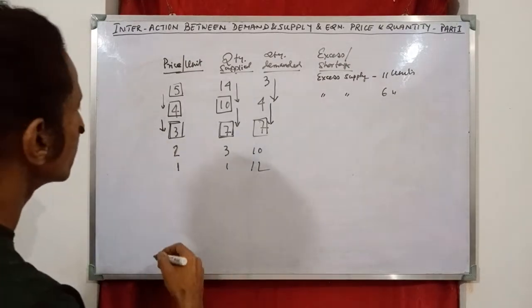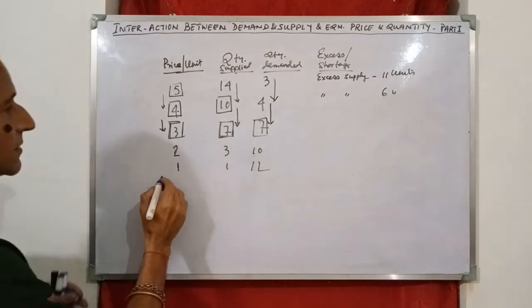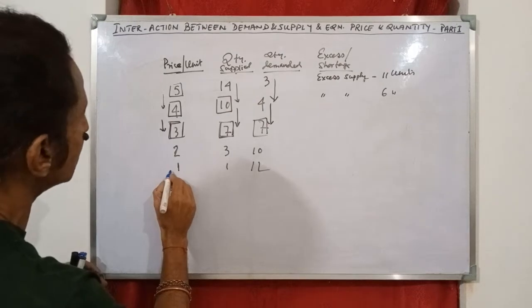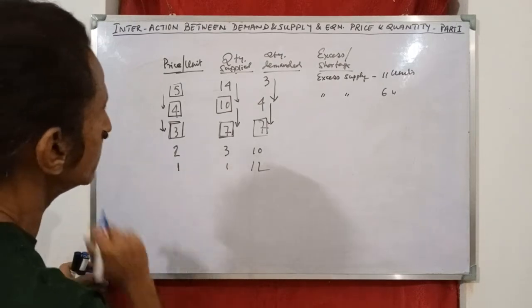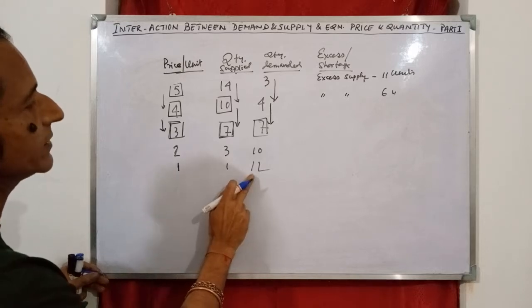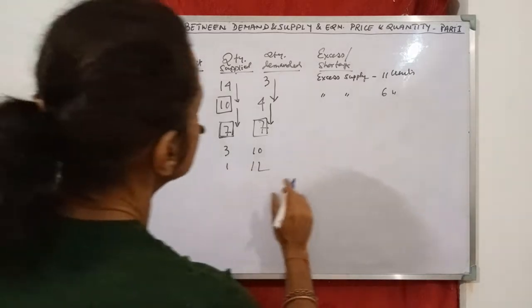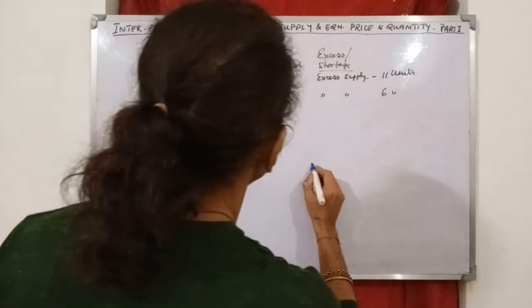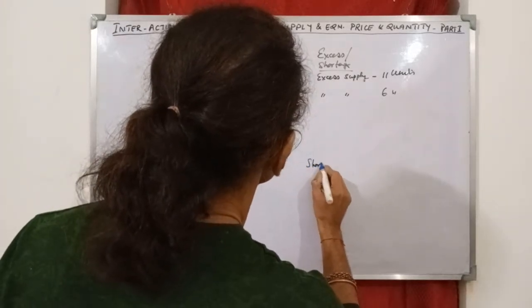If we look from the other side, say at price 1 per unit, quantity supplied is 1 and quantity demanded is 12. That means here shortage of supply.